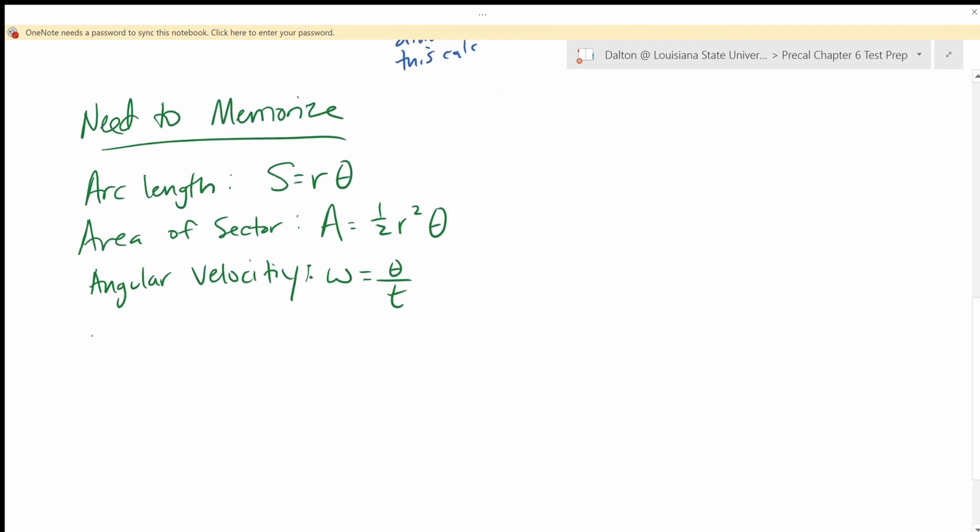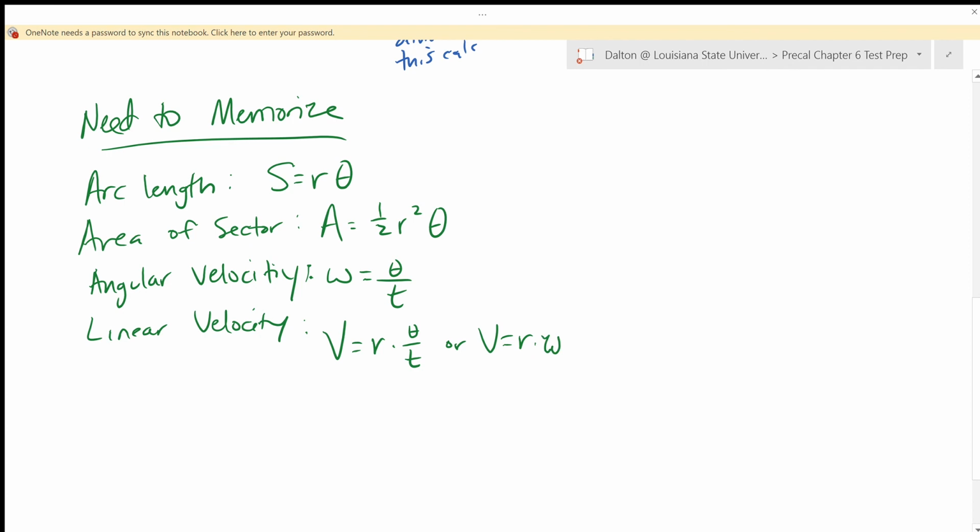And then lastly, linear velocity, which is v equals r times theta over t. But remember, theta over t is angular velocity, omega. So another way you can write this is just r times omega.